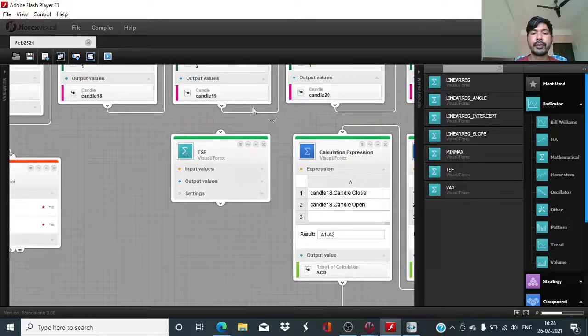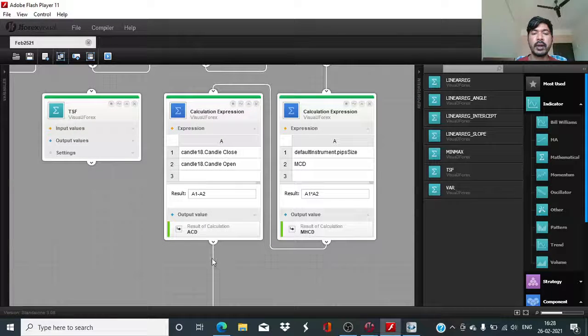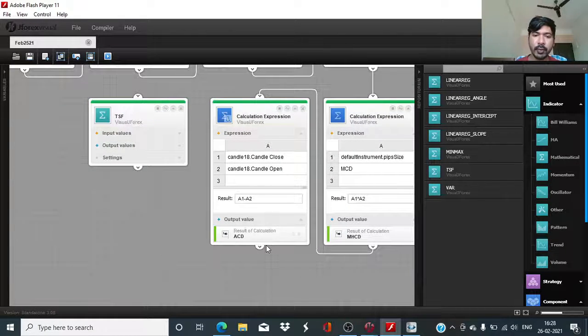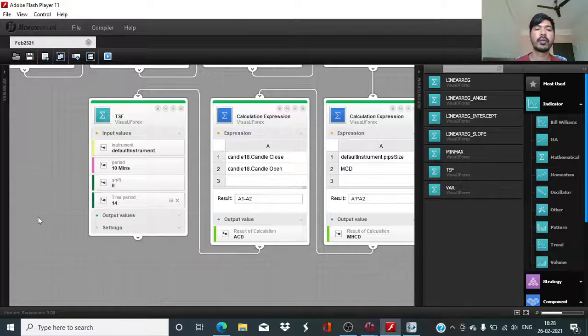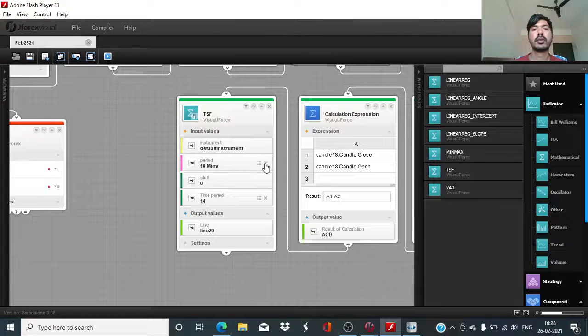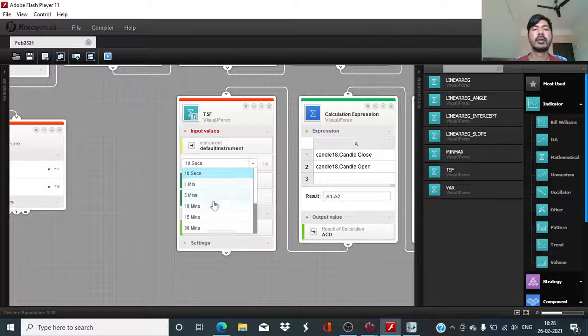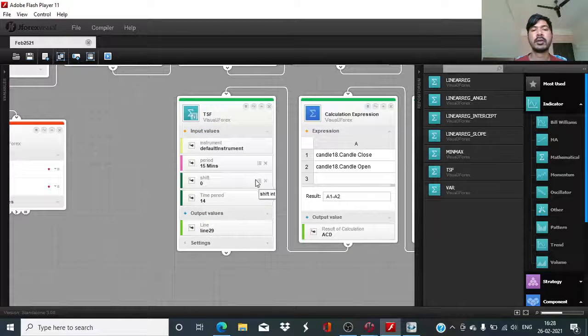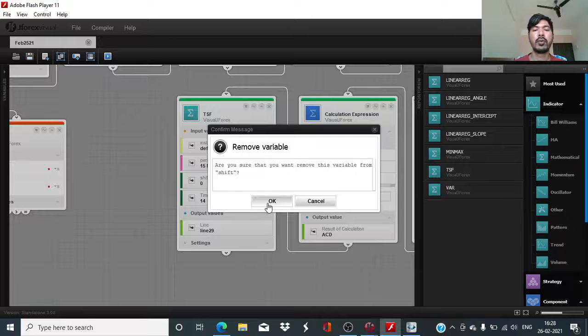Okay, we'll disconnect this. This also needs to change to 15 minutes. Shift value of 2.